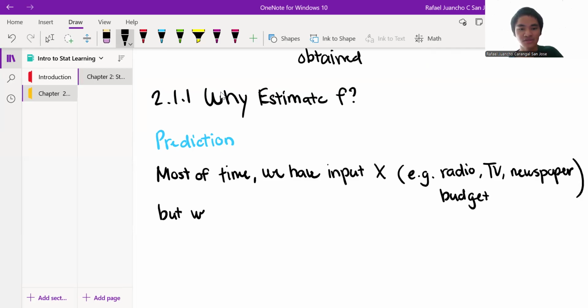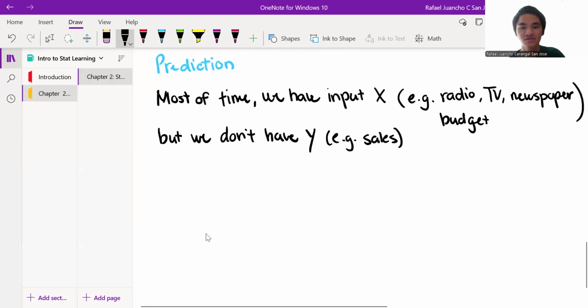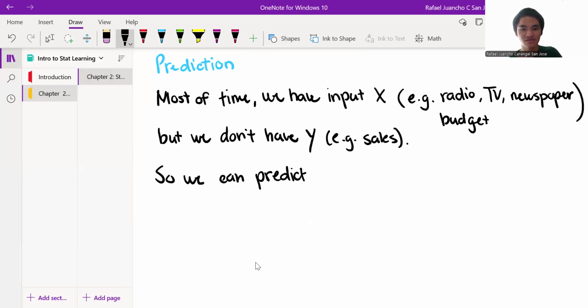But we don't have Y, and that could be something like sales. But we want to increase our sales. We want to increase Y. So from this thing that we got here, if we don't have Y, we can predict Y, or in this case, predict sales. Okay, I'm using the previous example.